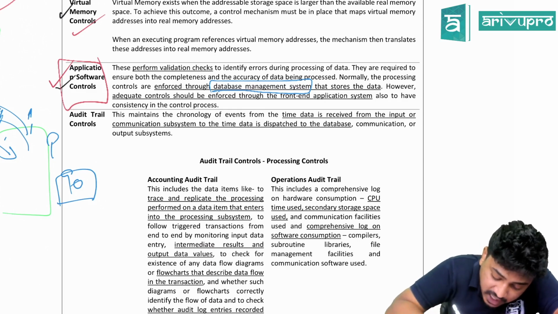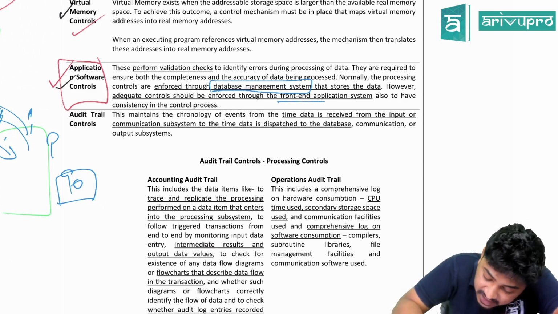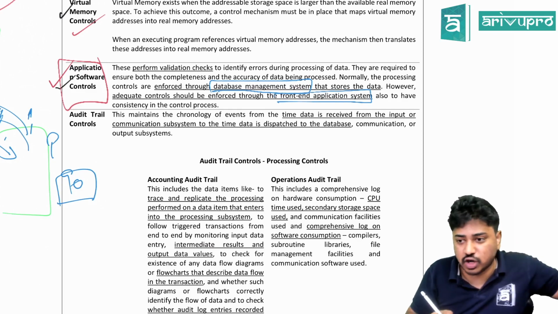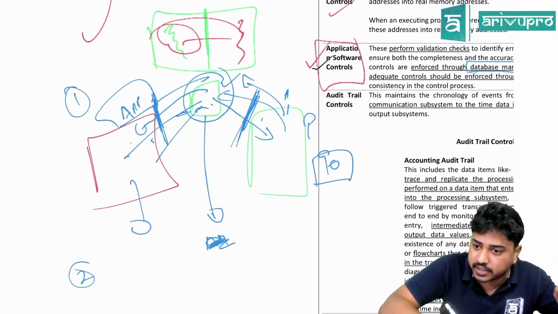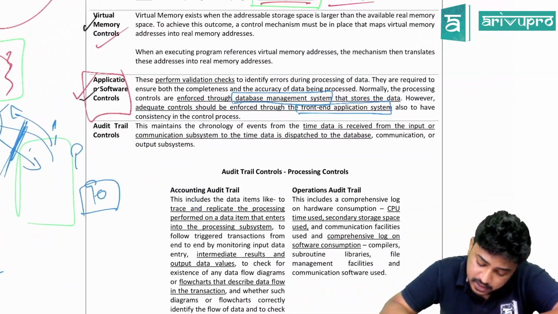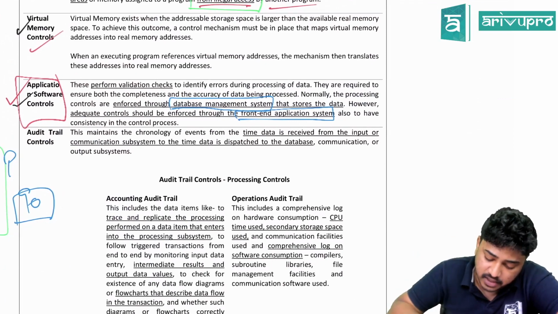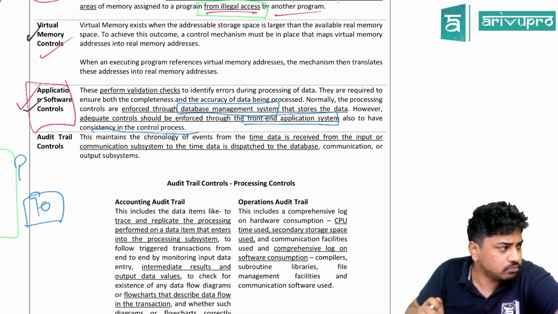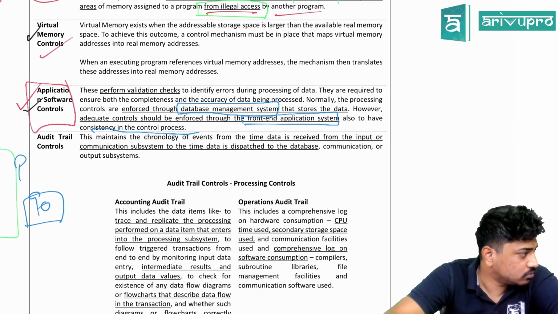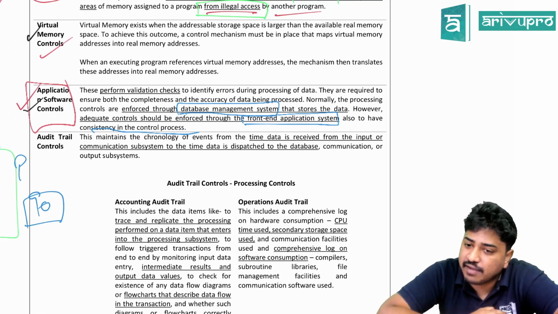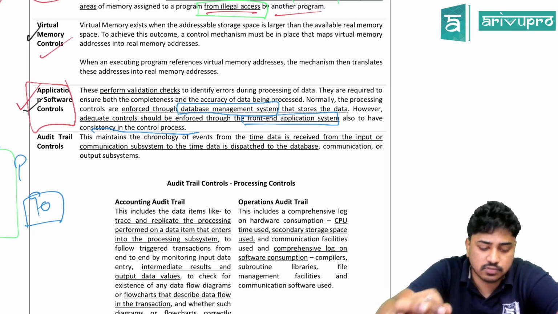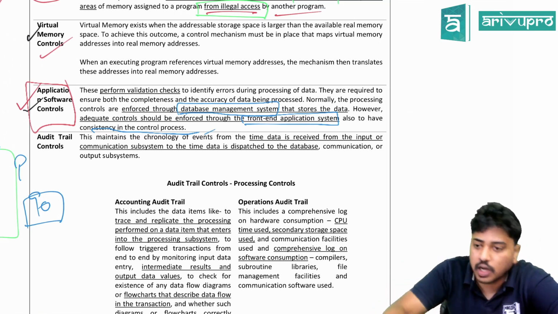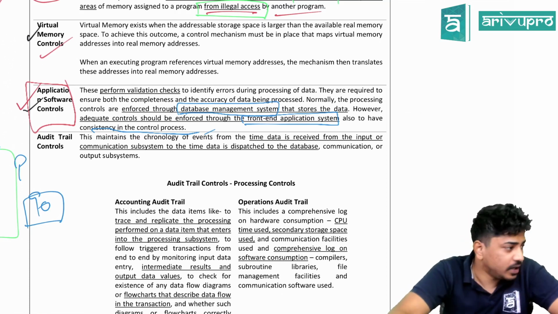However, adequate control should be enforced through the front-end application system also. Front-end also should have some consistency in the control. Are we clear? Any questions?